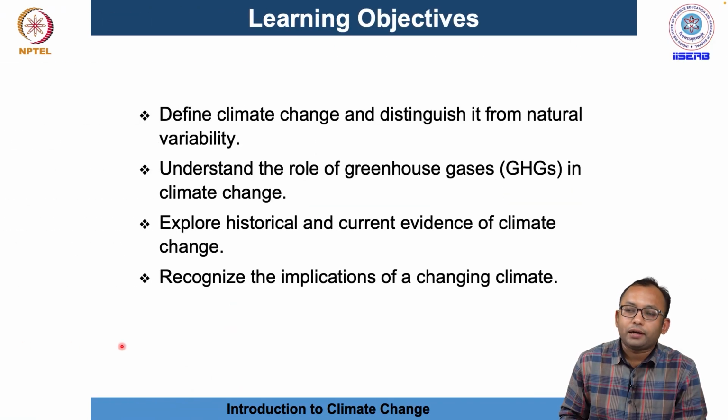Overall, the learning objectives of this lecture are, first, to go through climate change and distinguish it from natural variability. Then we will talk about the role of greenhouse gases. First we will introduce what the greenhouse effect is and how greenhouse gases amplify climate change or accelerate the change in climate behavior. Then we will explore some of the historical and current evidence of climate change based on different types of records.